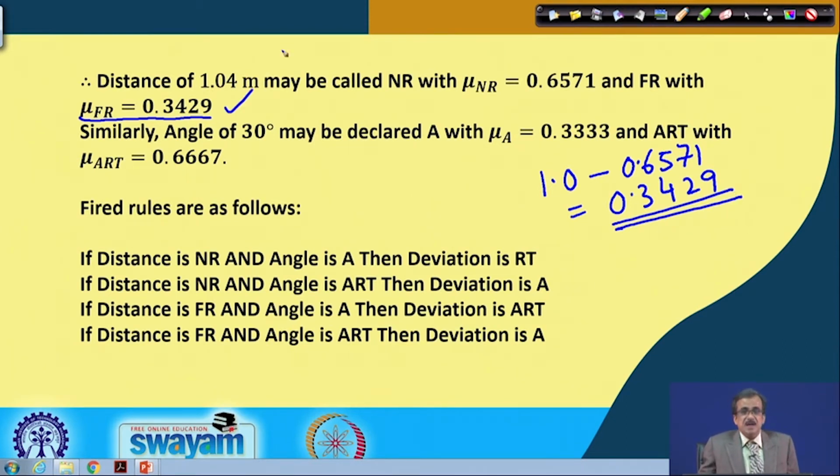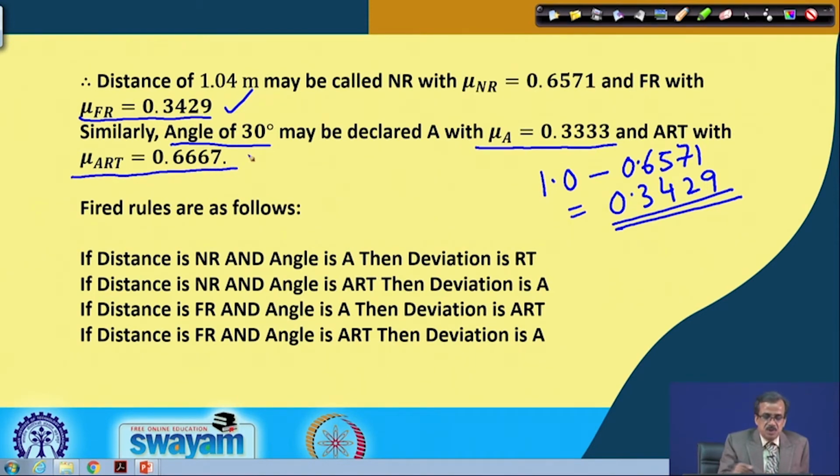Now, by following the similar procedure, the angle input of 30 degree can be called either ahead or ahead right. It can be called ahead with the membership function value of 0.3333, and it can also be called ahead right with the membership function value 0.6667.